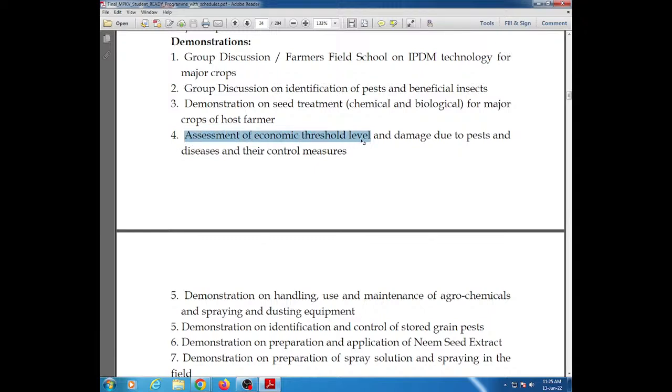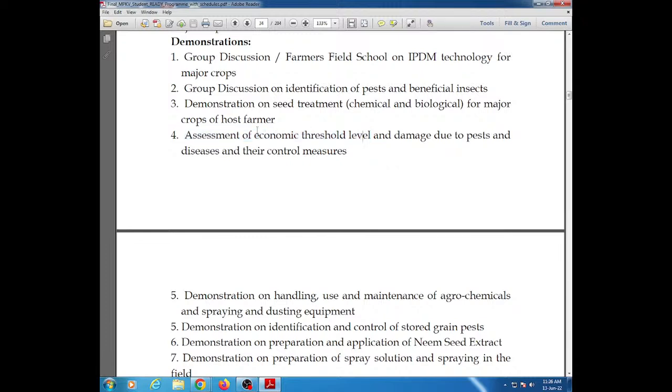I have told you how the control measures are taken up only after knowing the ETL, and that ETL is to be conveyed to the farmer. If the ETL is misunderstood, the farmer may take up the management practices before the ETL, and that will increase the cost of cultivation or plant protection charges for the farmer.